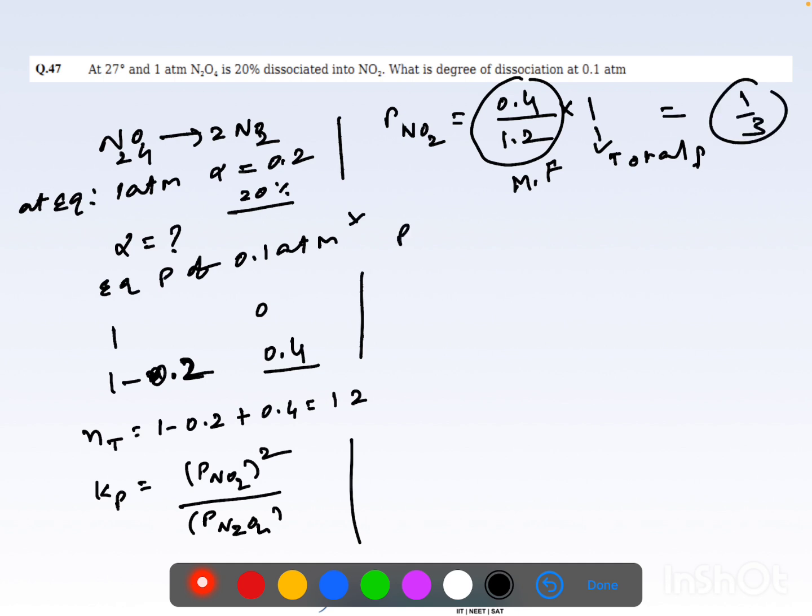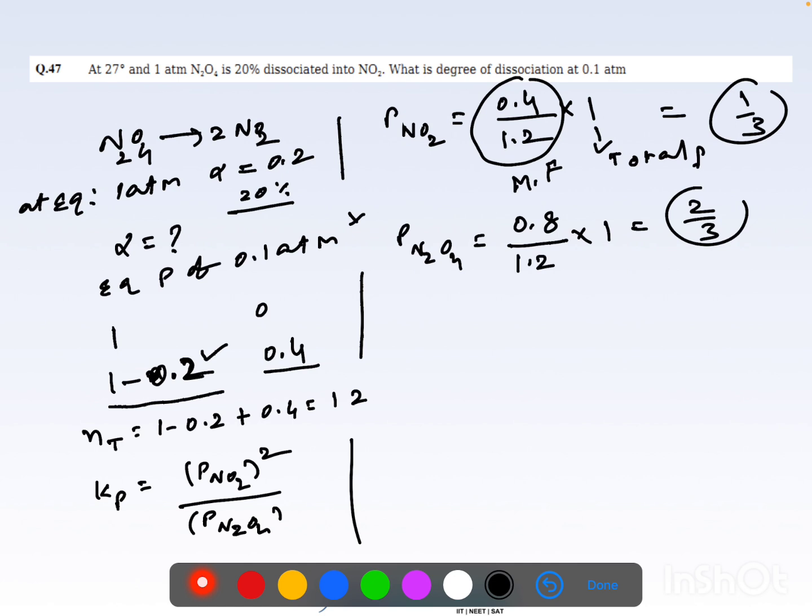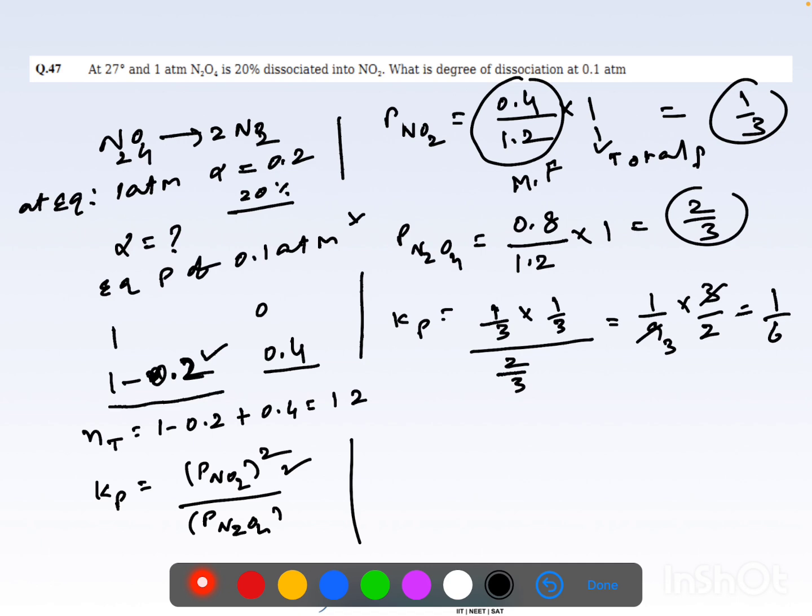Similarly, partial pressure of N2O4: out of 1, if 0.2 is reacting, remaining is 0.8, total is 1.2 and total pressure is 1, so this is 2 by 3. So Kp is equal to 1 by 3 squared, that is 1 by 3 into 1 by 3, divided by 2 by 3. So this is 1 by 9 into 3 by 2, which is 1 by 6. So this is 0.17, which is the Kp value.